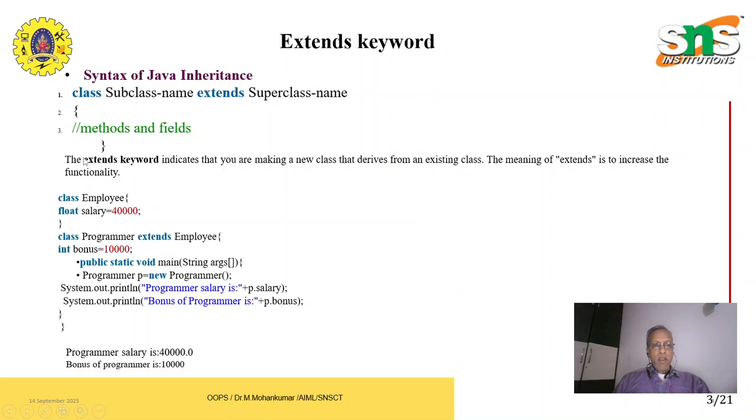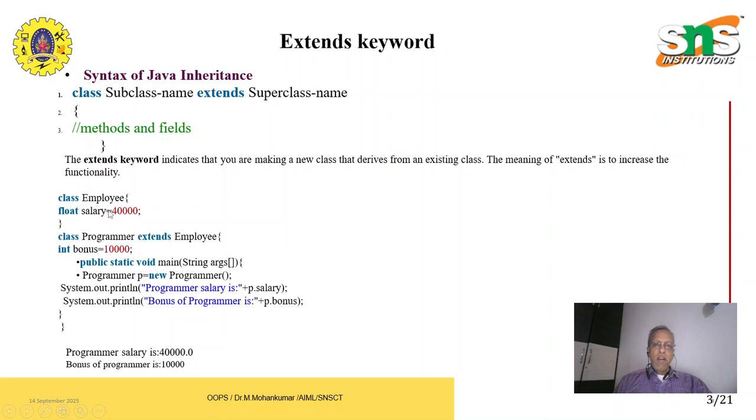For example, the extends keyword indicates that you are making a new class that derives from an existing class. So if we use the extends keyword, it indicates that the new class derives from the existing class information. That's why we use the extends keyword. The meaning of extends is to increase the functionality.